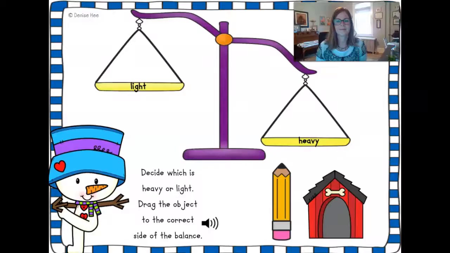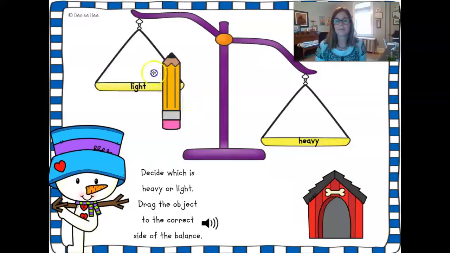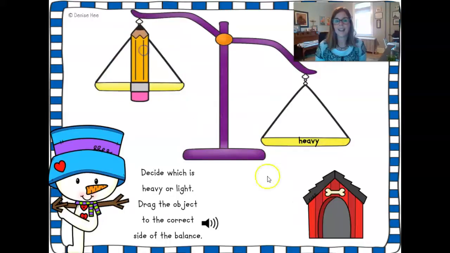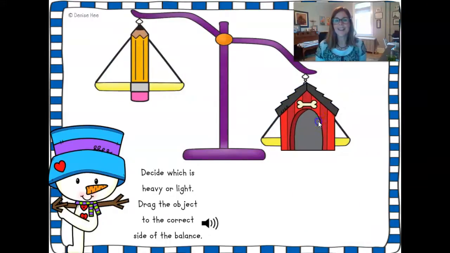Cool, huh? Let's practice. Decide which is heavy or light. Heavy, light. We have a pencil and a doghouse. Which one is going to be light or lighter, and which is going to be heavier? Lighter, of course.